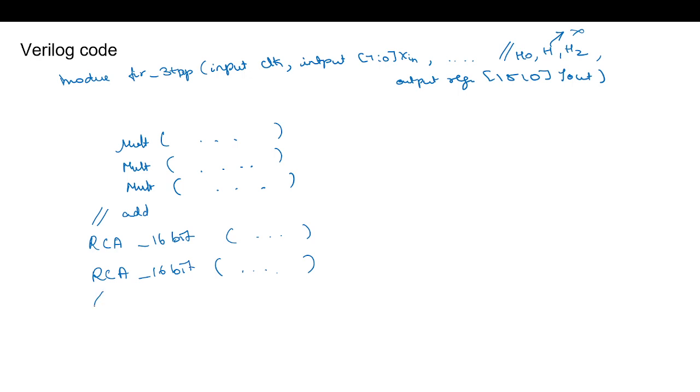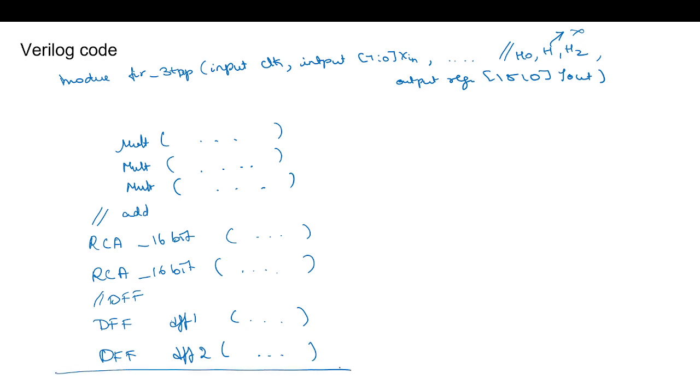And there are D flip-flops. 2 D flip-flops, DFF1, DFF2. This way you can write the code.